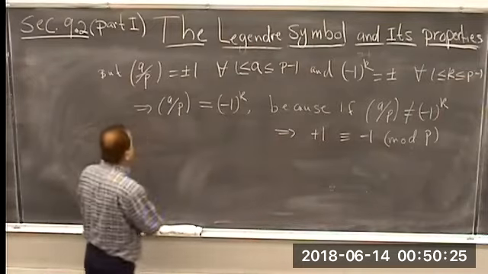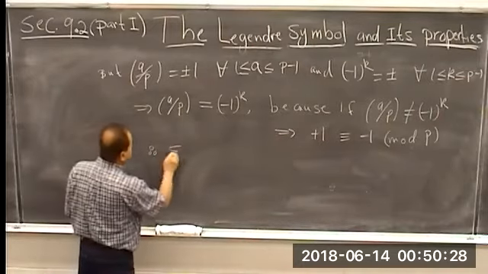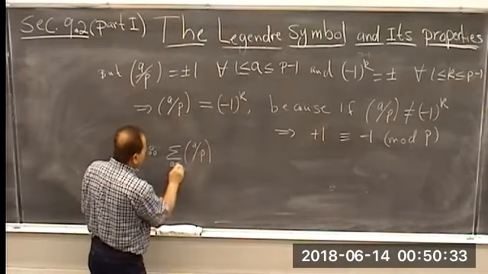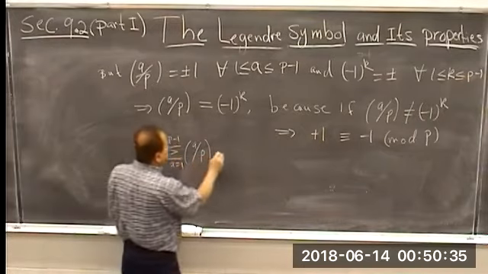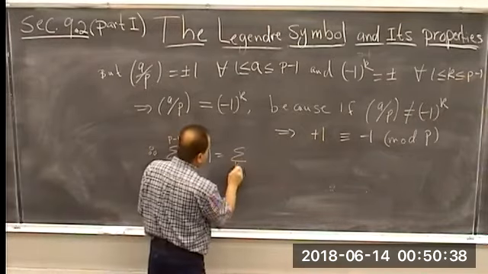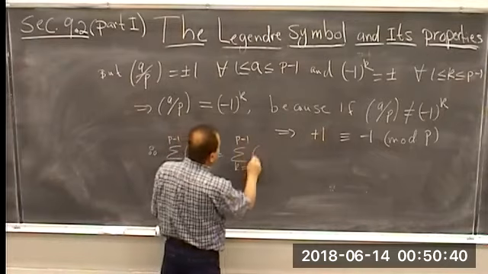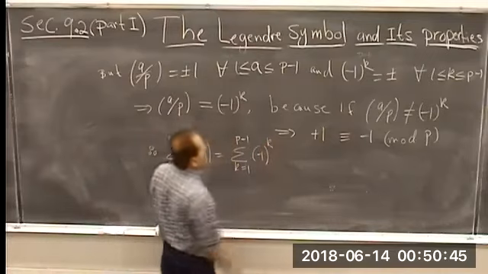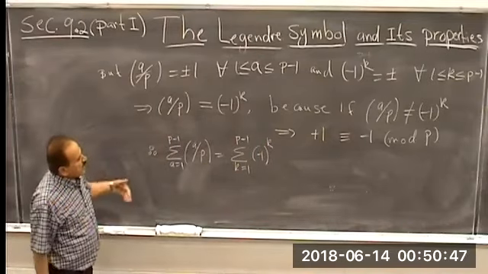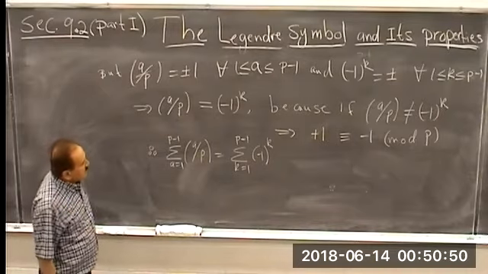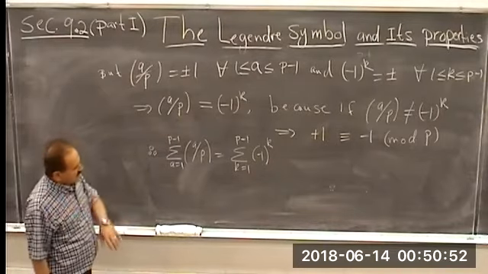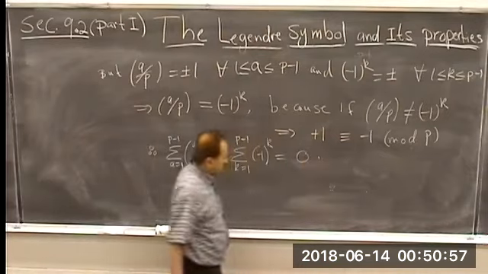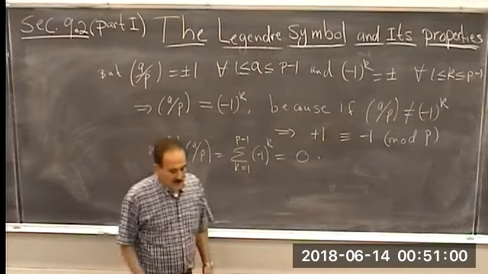Therefore, the sum of A over P, for A equal 1 to P minus 1, is the same as the sum for K equal 1 to P minus 1 of negative 1 to the K. And we know that half the integers from 1 to P minus 1 are even, and the other half are odd, and this gives me 0. That's all. Okay?